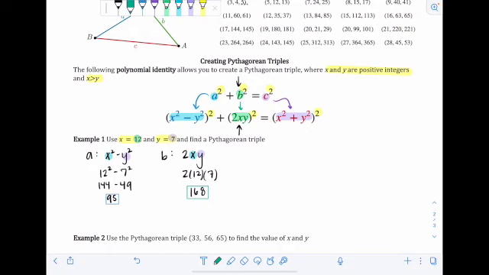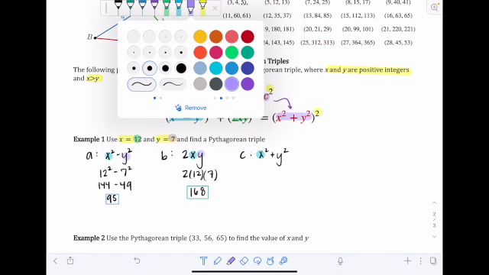And then to find the third number from our triple, that's our c. You can see the c is this part of the expression right here, so we'll use that little expression in there. It is x squared plus y squared, same x, same y. So x is 12, y is 7.